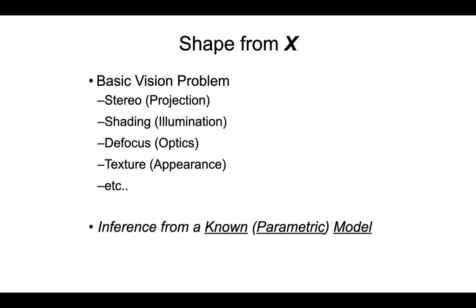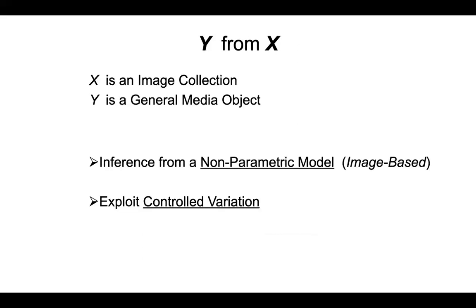And basically, in computer vision, this is a problem of inference from a known model. But this model is parametric, because when you want to compute shape, you have a mathematical model that's parametric, and you want to infer the parameters of that model, right? But in this new setting of image collections, Y from X, X is a general image collection, and Y is a general media object.